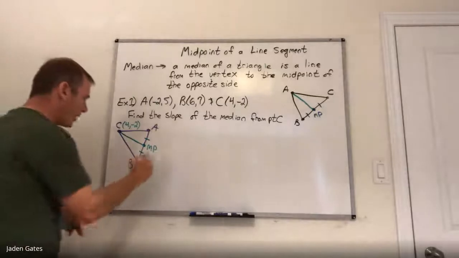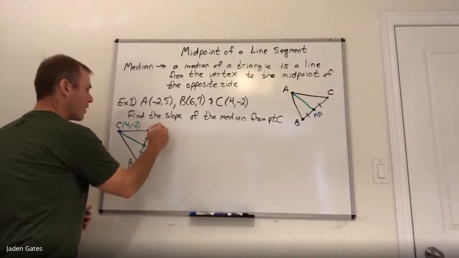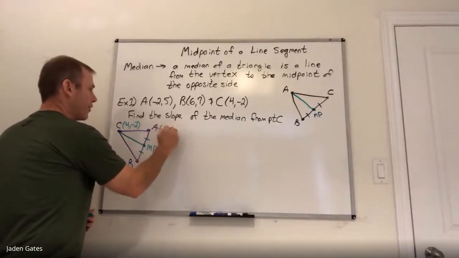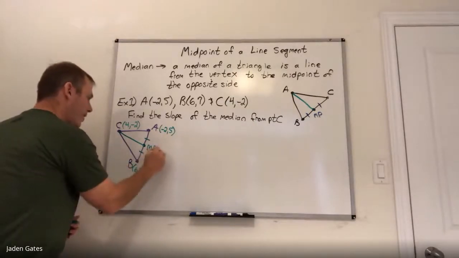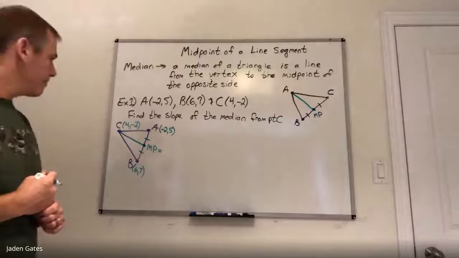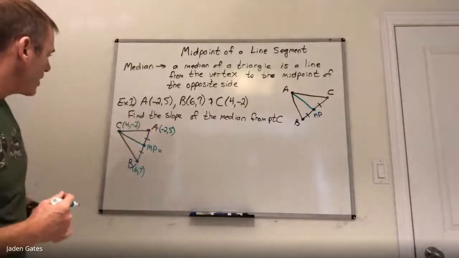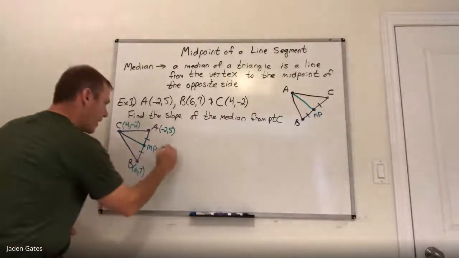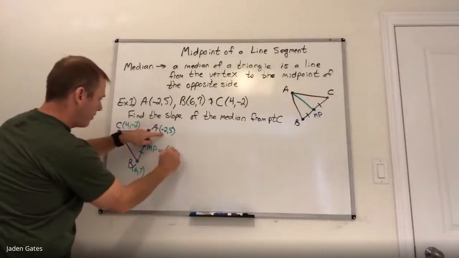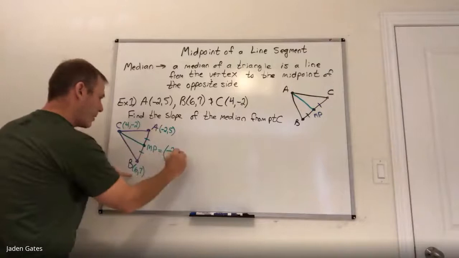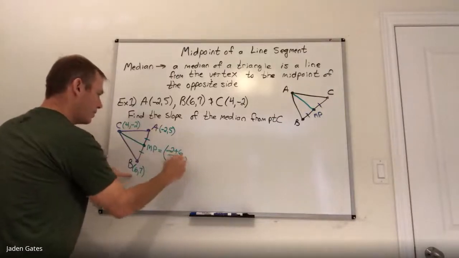Now this midpoint, again, I've got A, so I'm going to write these numbers in because I'm going to need them, (-2, 5), and I've got B here, it's (6, 7). Now if I want to find the midpoint between A and B, I add up the x's and add up the y's, and divide by 2. And so for my x coordinate here, I've got -2 plus 6, and I'm going to divide that by 2.